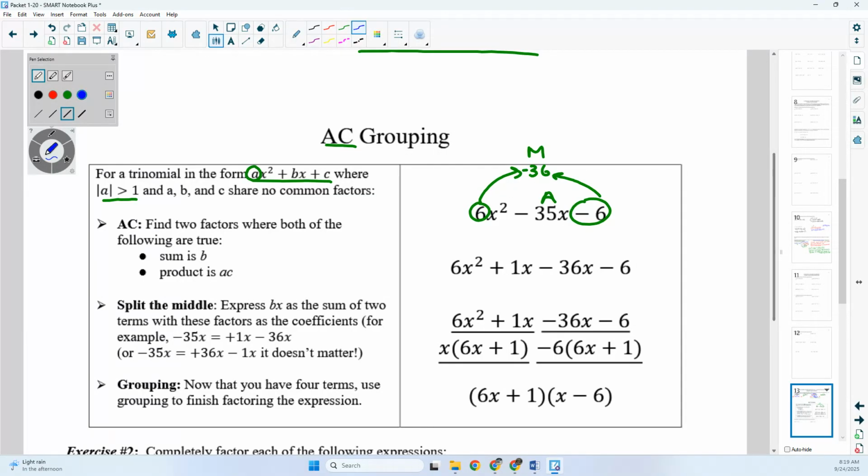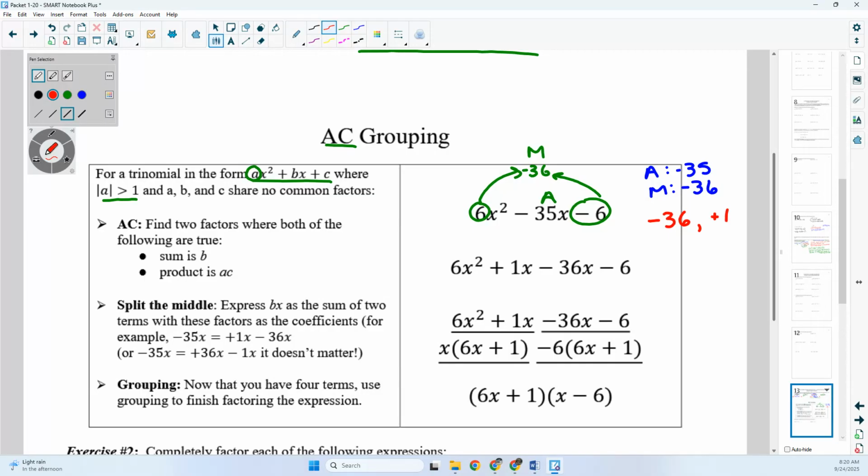So to write that on the side, we're trying to add up to -35 and multiply to -36. You don't have to write this on the side just because it's brand new for you; I wanted to write something on the side to help you out. The numbers that multiply to -36 and add up to -35 would be -36 and +1.